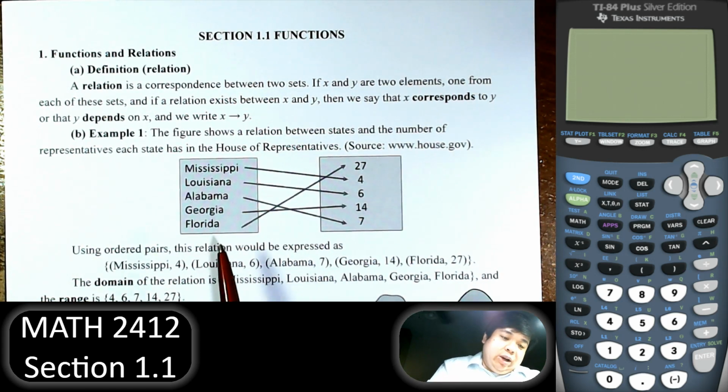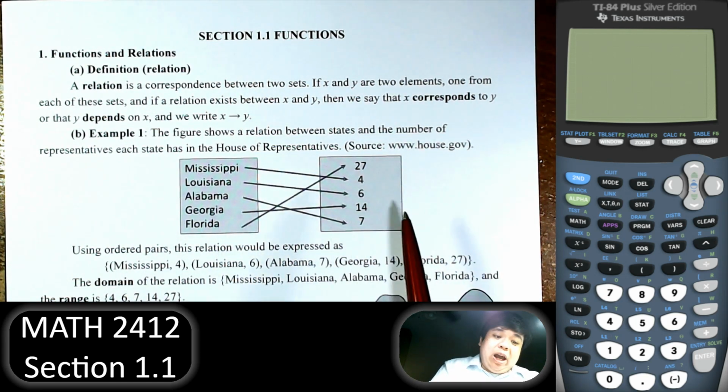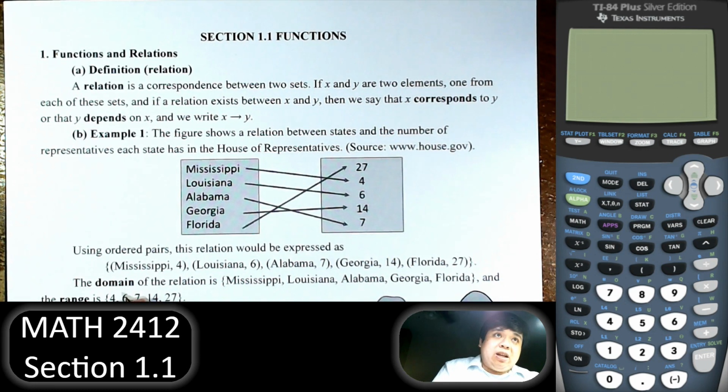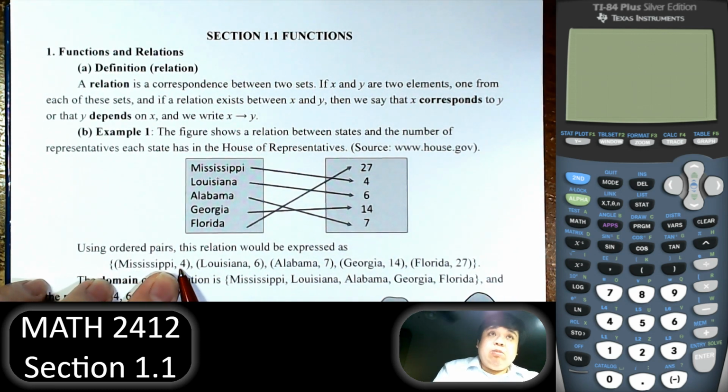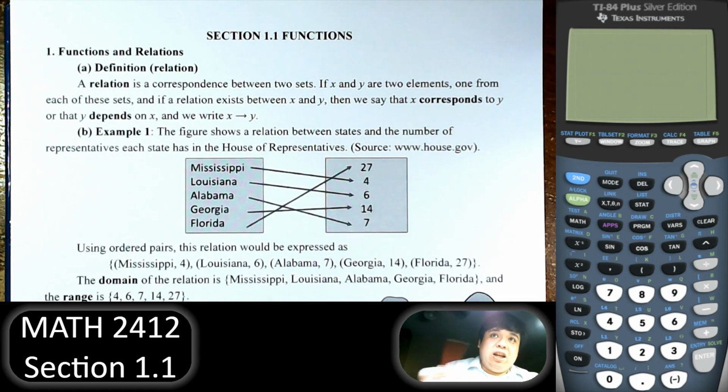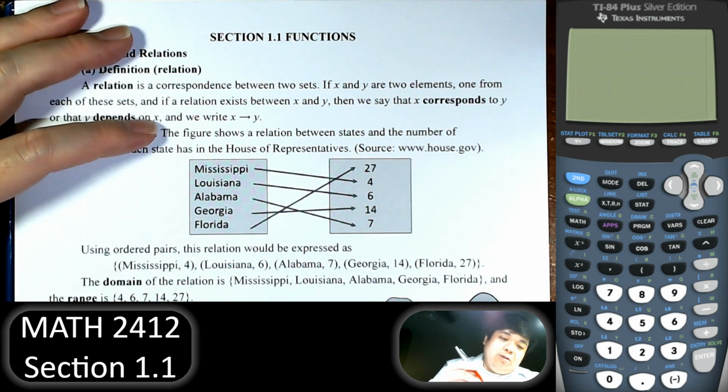We can write the relation as a set of ordered pairs, like Mississippi corresponding to 4, Louisiana 6, and so on.